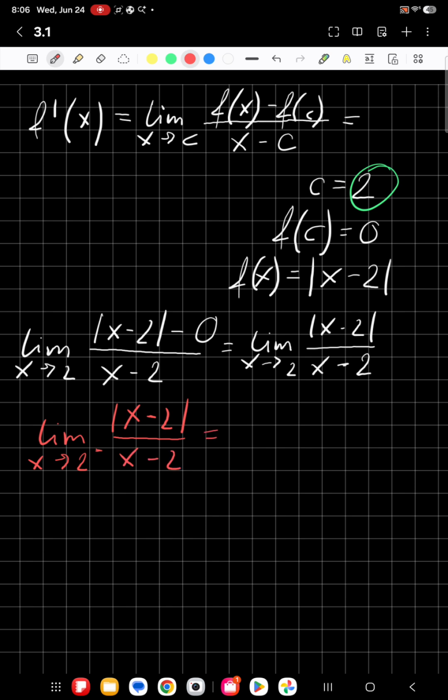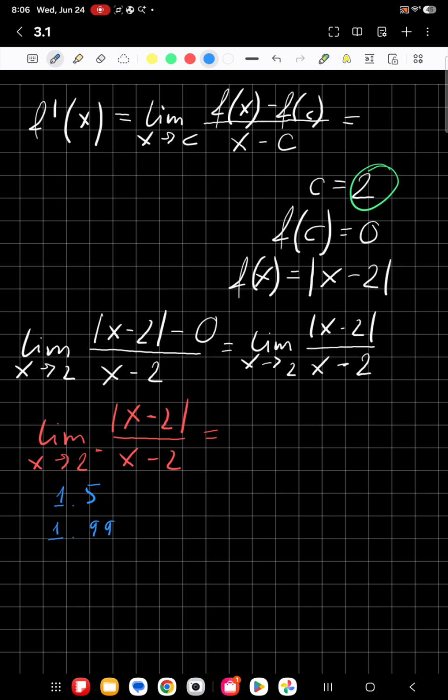Okay, so let's see. We can plug a couple of numbers, say 1.5, or 1.99, etc. Some numbers that are close to 2, but from the left.